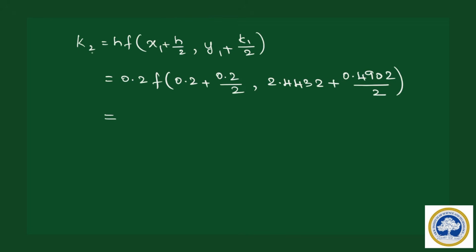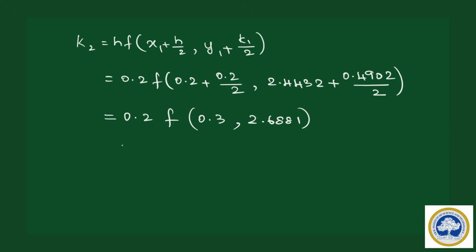Now let us calculate K2, which is equal to h into f of x1 plus h by 2 comma y1 plus k1 by 2. Already we know the value of x1 is 0.2, h is 0.2, y1 is 2.4432 and k1 is 0.4902. Substituting here, we will get 0.2 into f of, after simplification, 0.3 comma 2.6881.